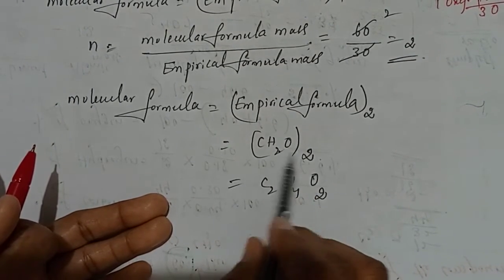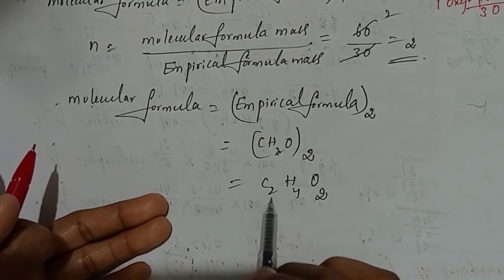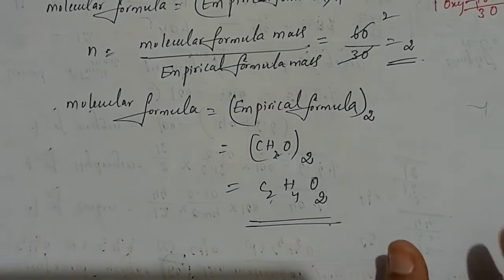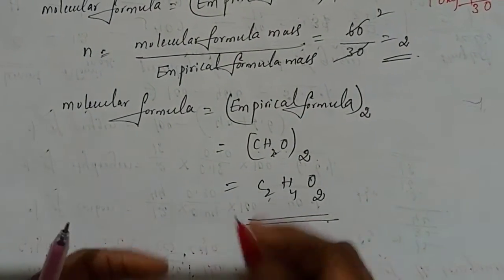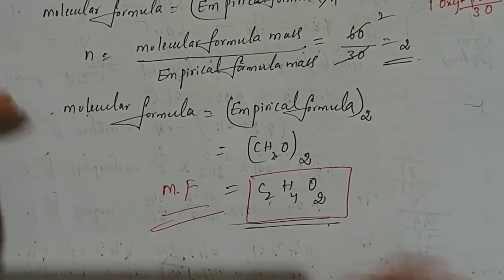You have to multiply here: carbon 1 atom, 1 into 2 is 2; hydrogen 2 into 2 is 4; oxygen 1 atom, 1 into 2 is 2. This is the molecular formula. Clear? So like this you have to find it.